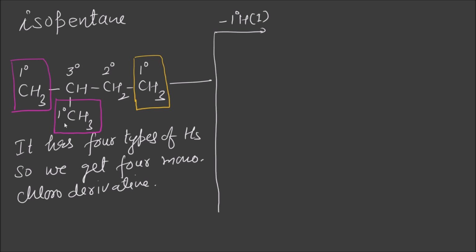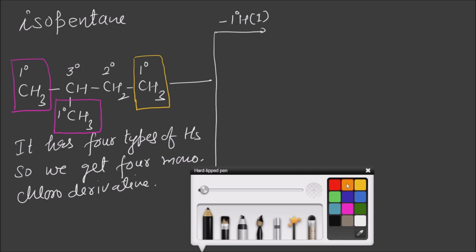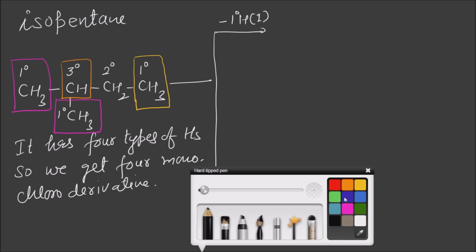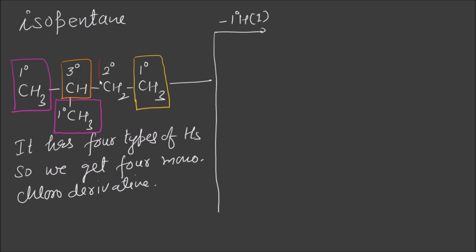So they are of the same type because both primaries are attached to a tertiary, but this primary is attached to a secondary. So there are 2 types of primary, 1 type of tertiary and 1 type of secondary.